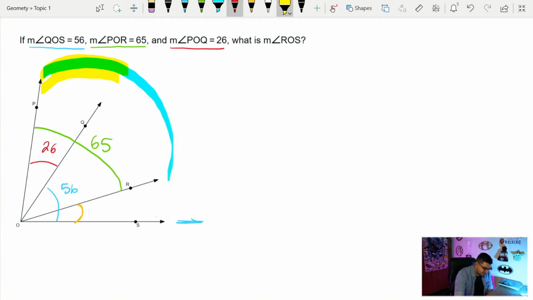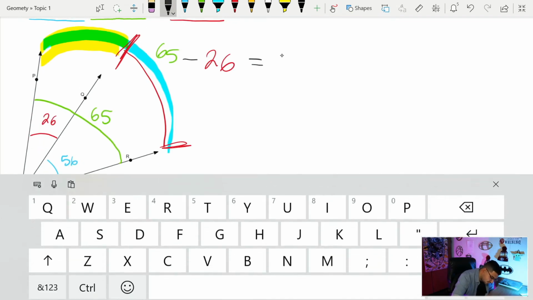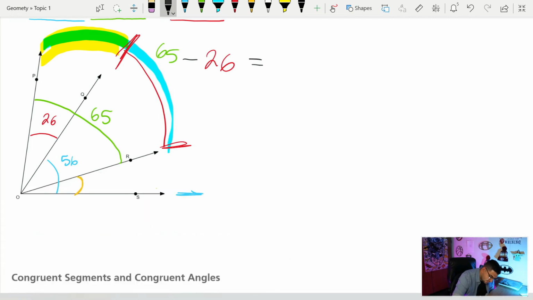So if I do 65 minus 26, that should get me this inner part. So 65 minus 26 equals, if you do the math correctly, 39. So now I know that this angle right here is 39.